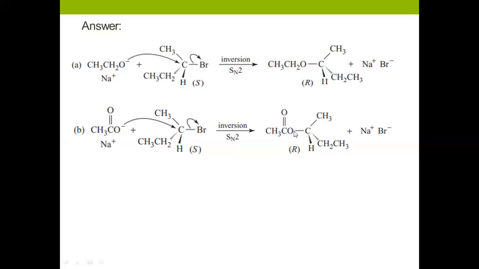CH2CH3. Okay, so 1, 2, 3. So is this counterclockwise or clockwise? 1, 2, 3. Counterclockwise. So what is the configuration of this?